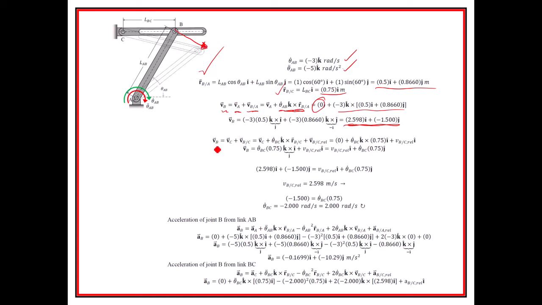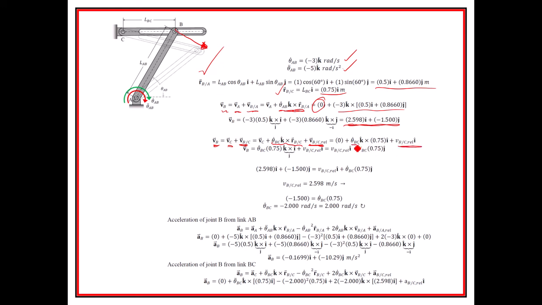But we can also find the velocity of B as it relates to C by way of the relative velocity of B with respect to C, which now, because it's a sliding joint, not only has this angular component right here, but it also has a relative component, a relative part. And we know that that relative part in the position shown is completely in the i direction.